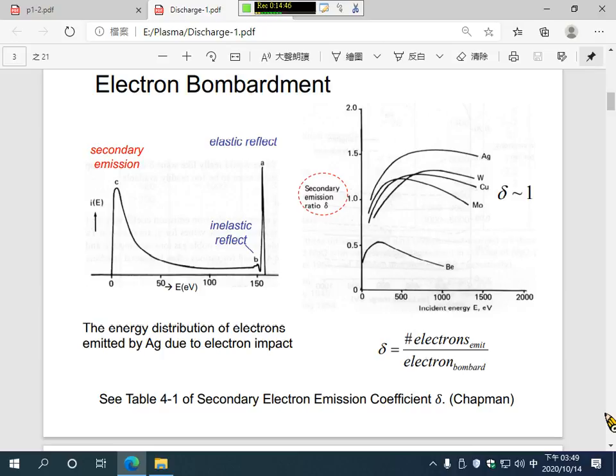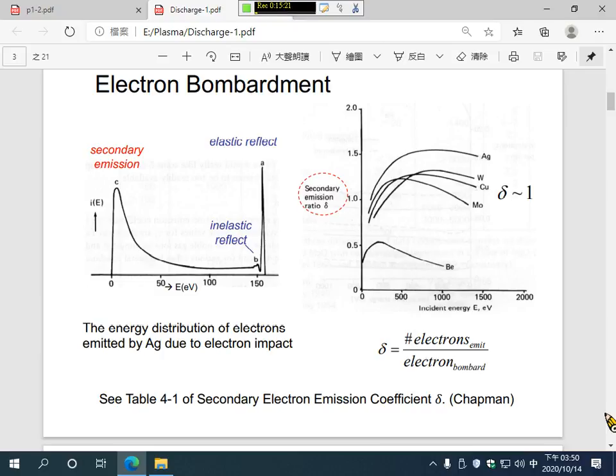So the energy of secondary electron is very small. And the energy of backscattering electron is equal to the energy of the incident electron beam. So if you use 160 volt of E-beam to strike the surface, the backscattering electron also has an energy of 160 volt.